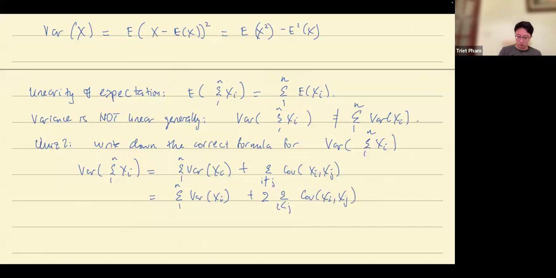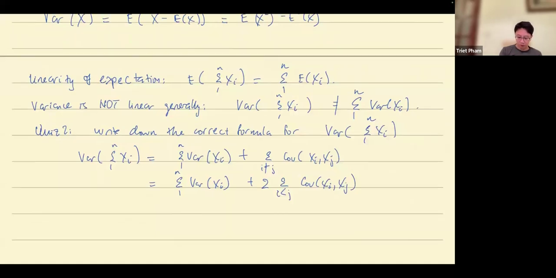Now, I hope the covariance is not a strange object, but let's make sure we write it down. What's the covariance of two random variables?